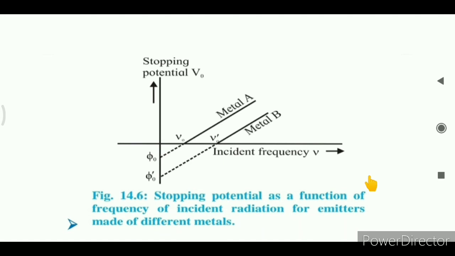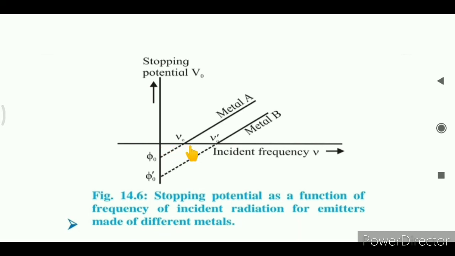So for metal A, you can see first of all there is a value nu0, which means below this value there is no emission of photoelectrons.